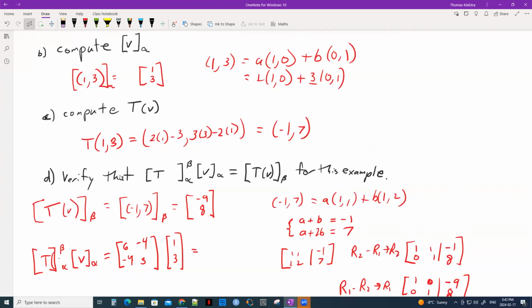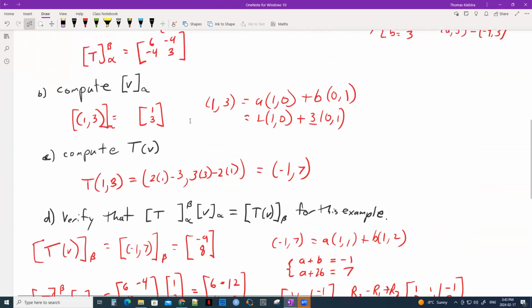And we get 6 minus 12 and -4 plus 9. So there's something that I have done wrong somewhere.